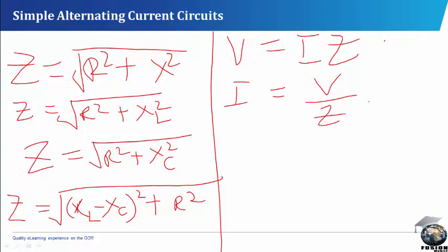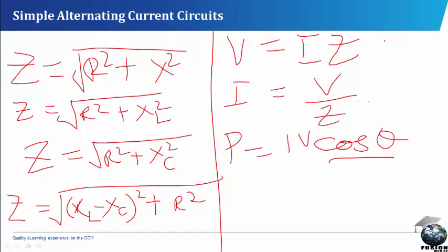Now from there we can talk about average power in a system, where we'll have power to be equal to IV cos theta. Cos theta here is called the power factor.